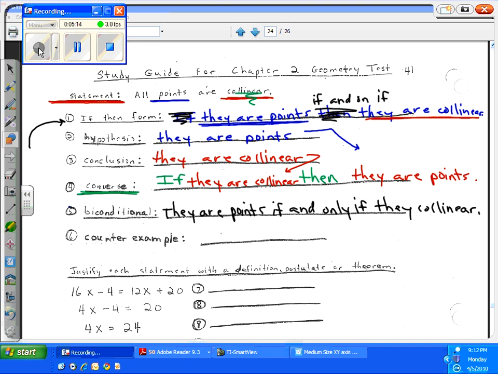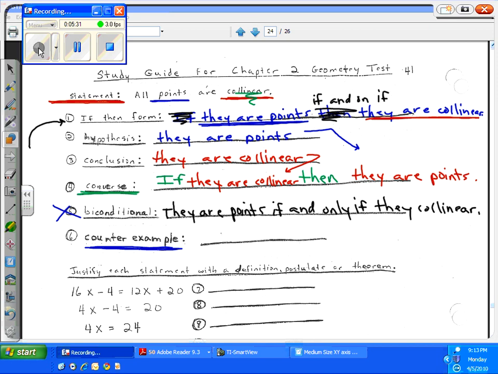Now, in reality, we're not supposed to write a biconditional because to be able to write a biconditional, the statement and its converse must both be true. Well, in this case, neither one of them is true.